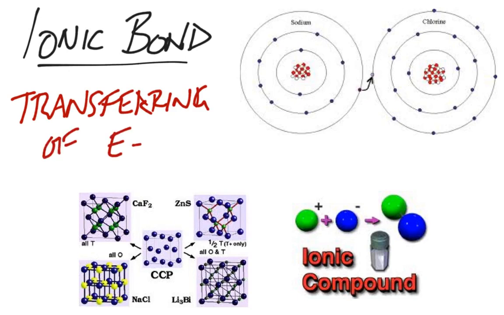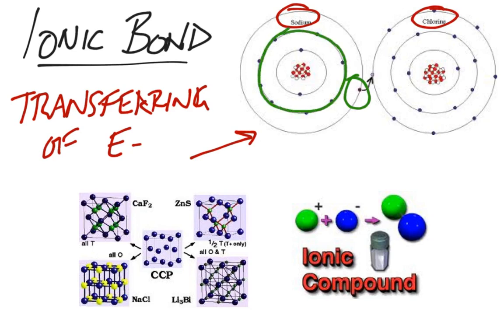So over here, the picture at the right, we have sodium and we have chlorine. Now sodium, again, has one valence electron. If sodium loses that one valence electron, its new valence shell becomes the second energy level, which is completely full, which makes it more stable.